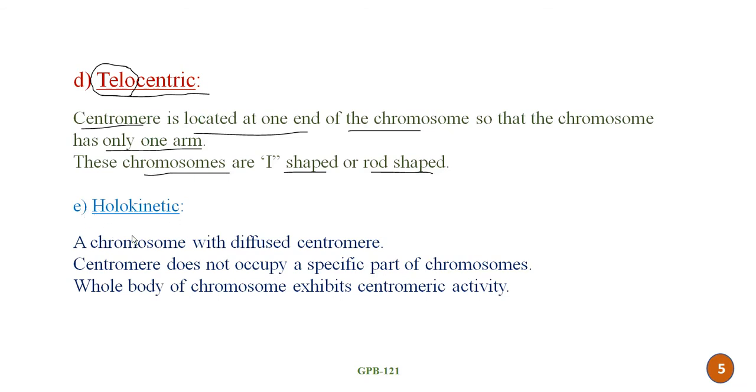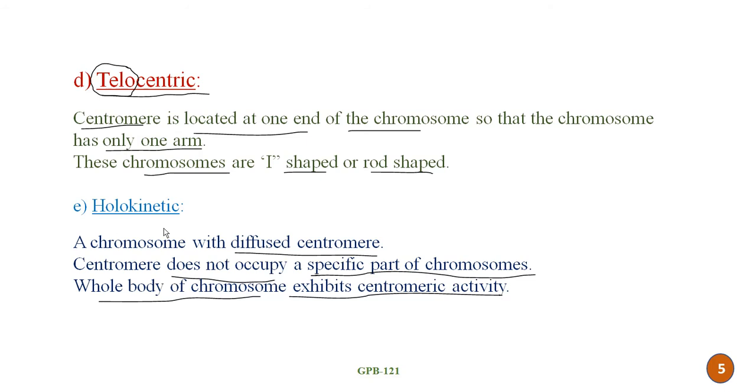So this is another type of chromosome in which the chromosome has a diffuse centromere. That means the centromere does not occupy a specified part of the chromosome. The whole body of the chromosome exhibits centromeric activity.